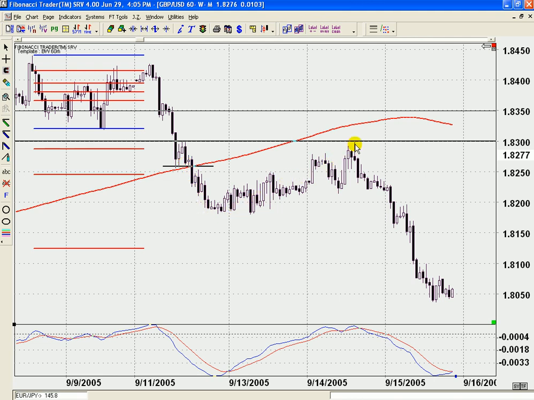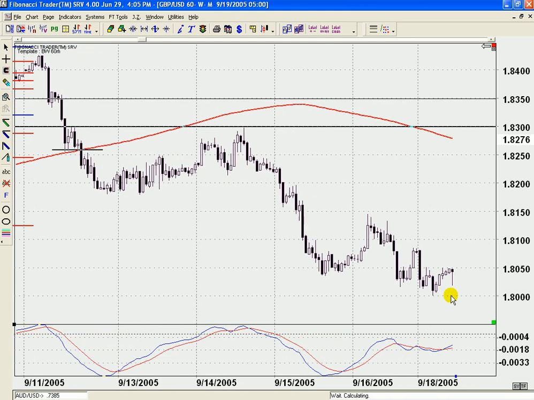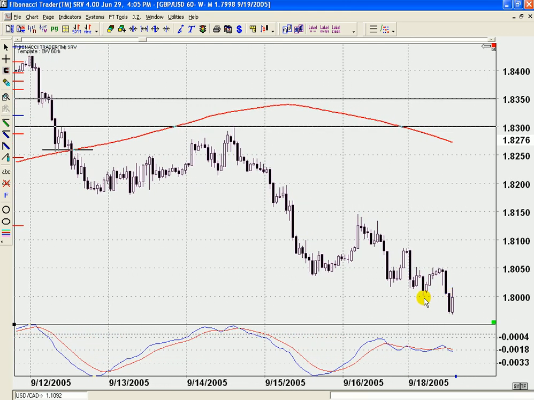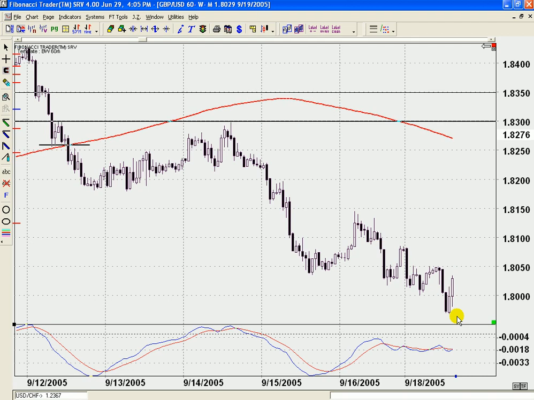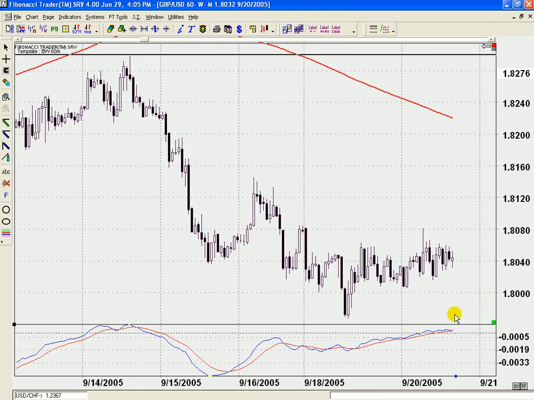Now the market came all the way back up to 83.00 and continued to fall. Look what it does at 1.80. It bounces at 1.80 as well. And now we consolidate.